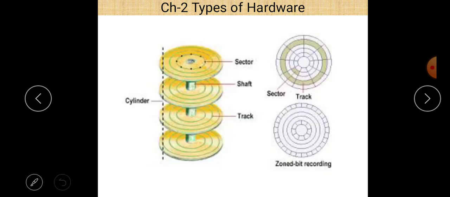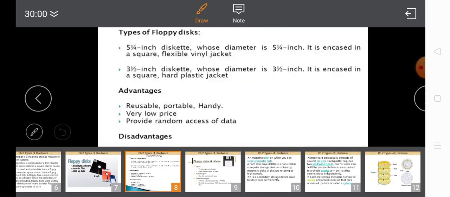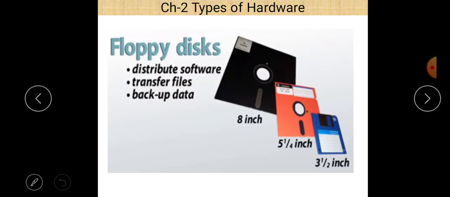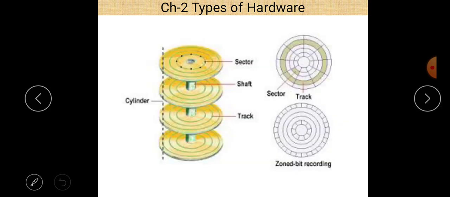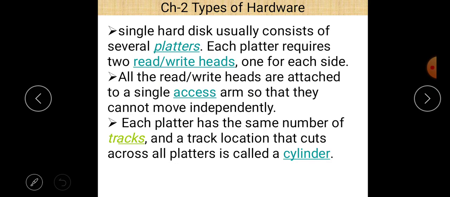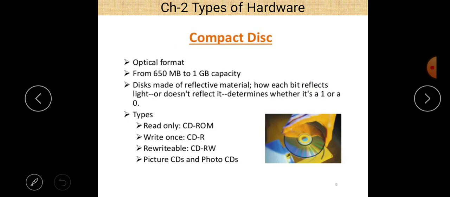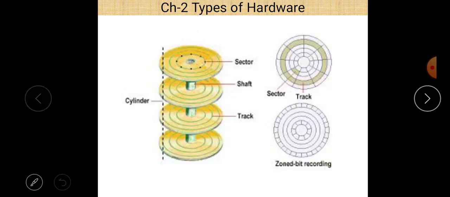That is very important. You can easily see that is a cylinder here, and there are many cylinders in it. This is one of them. So that is the diagram of a hard disk. An access arm rotates the disk, and when the disks are rotated, you are able to perform read and write operations on a hard disk.